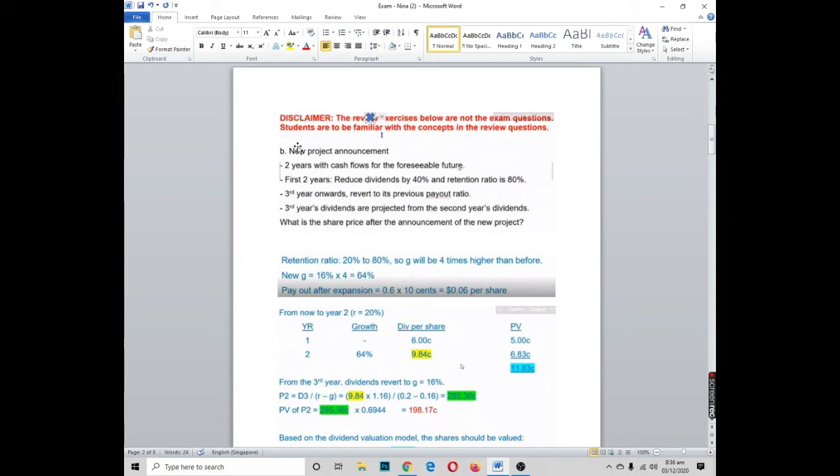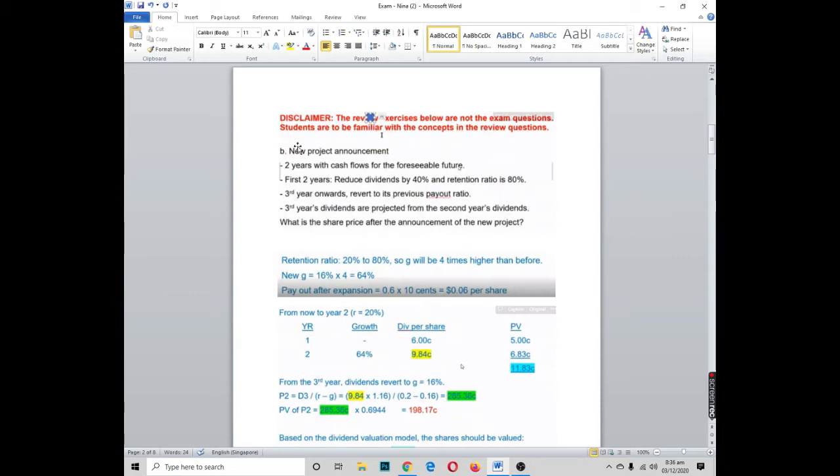New project announcement by X Limited company, in year 2 with cash flow for the foreseeable future. First 2 years reduce dividend by 40% and retention ratio is 80%. The point is dividend decreases by 40%.